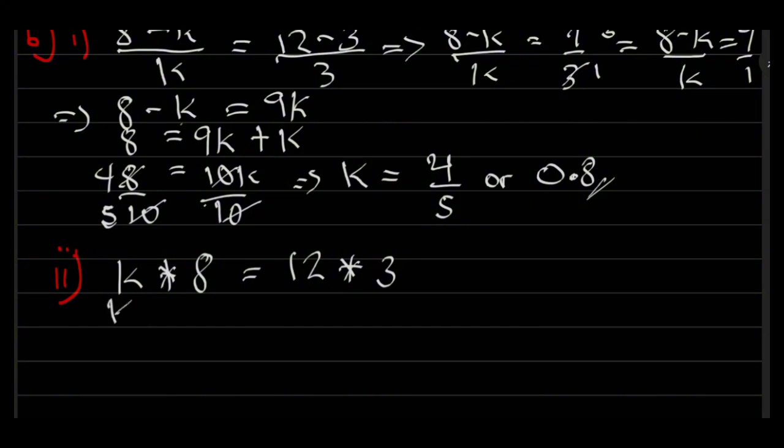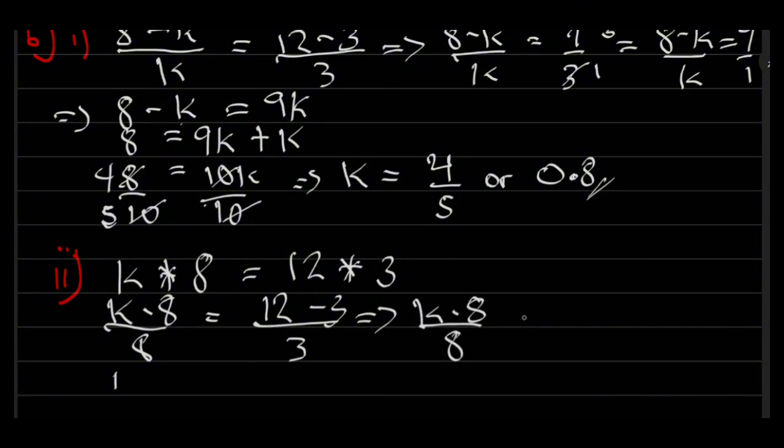So that is going to give us k minus 8 all over 8 equals 12 minus 3 all over 3. Let me go horizontally: k minus 8 all over 8 equals 9 on 3. Cancelling out, we have 3 on 1.